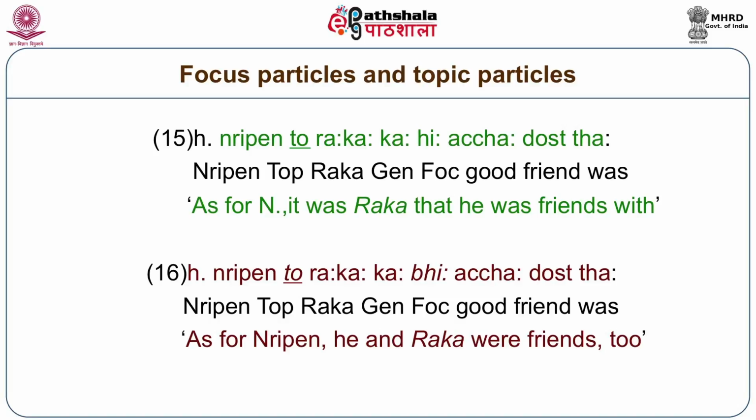In the foreground, in focus, you have Raka, so you get Rakai in Bangla. This is a dissociative focus particle e in Bangla. Or in Hindi, you get Raka ka hi acha dost tha. Again, the dissociative focus particle hi.